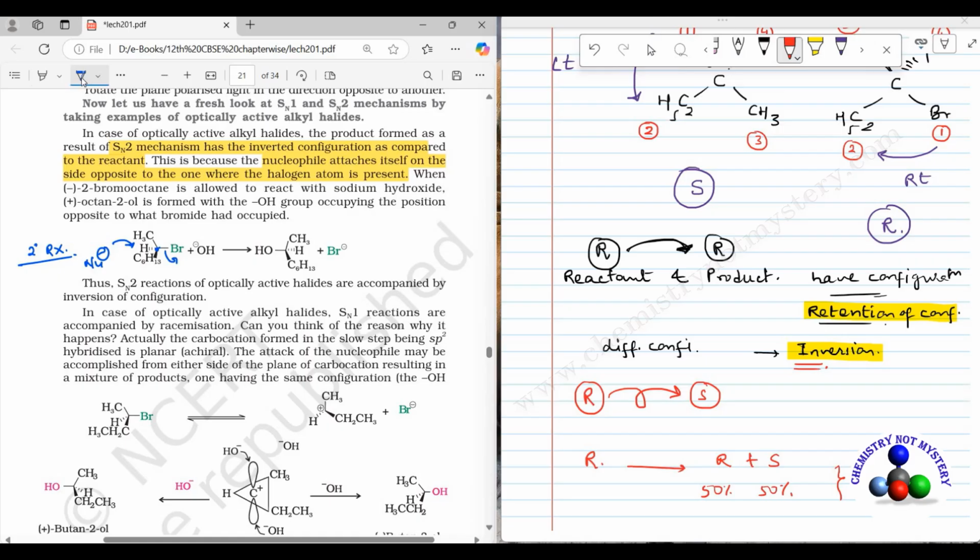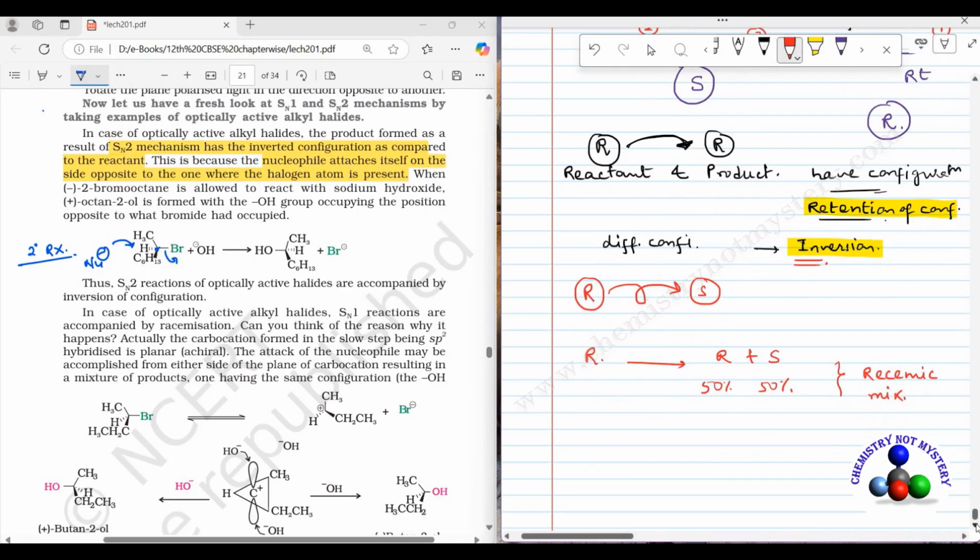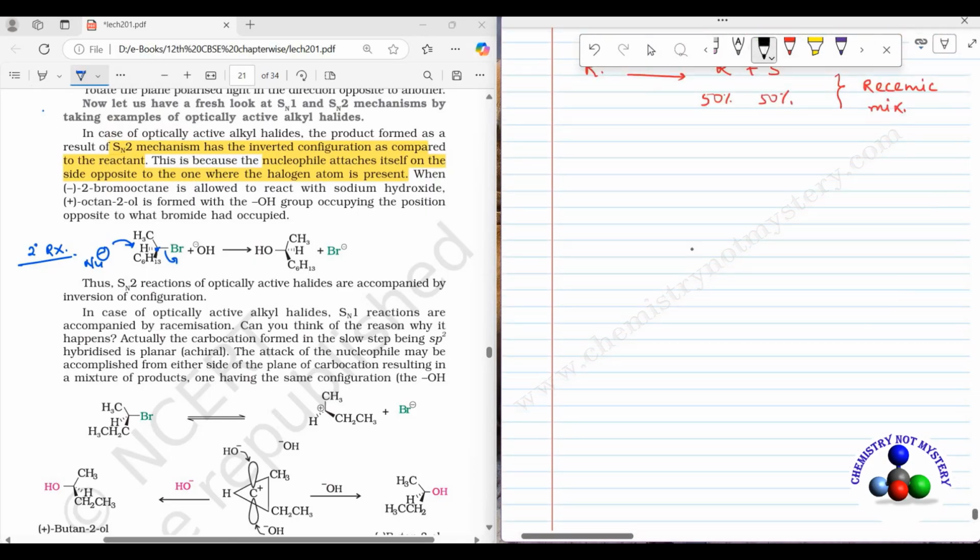Now if you try to assign the configuration of this given structure, let's draw the structure. Here this is carbon and these two are in-plane bonds. This one is the rear bond and this is the front bond. Here it is attached to CH3, here hydrogen, here C6H13 and here it is bonded to Br.